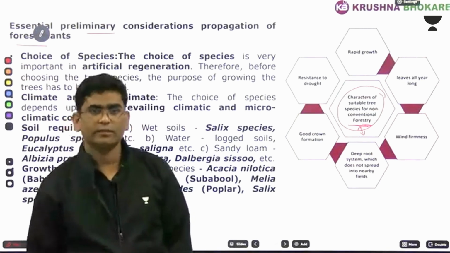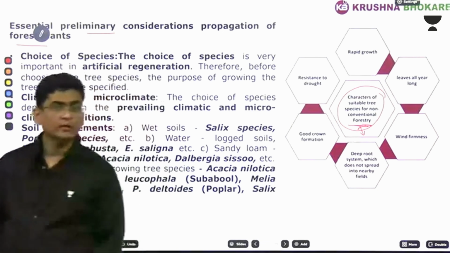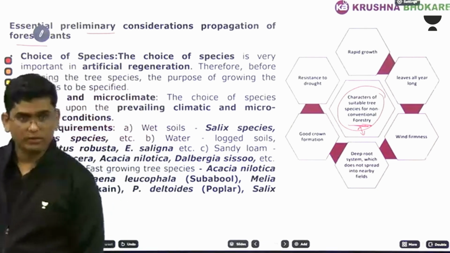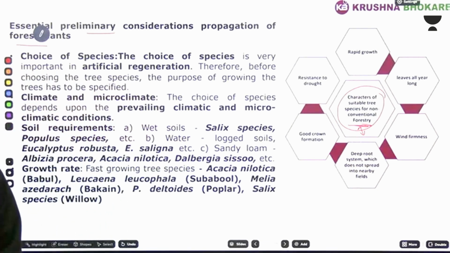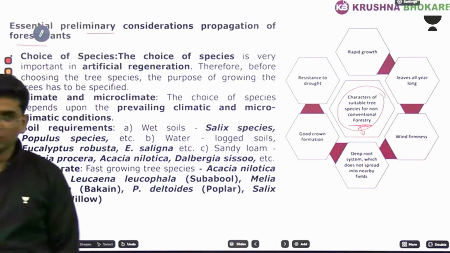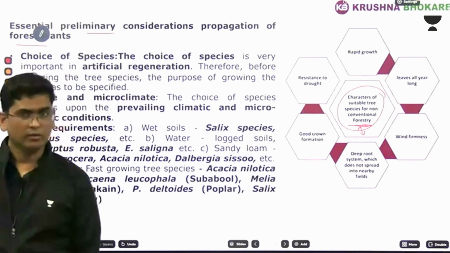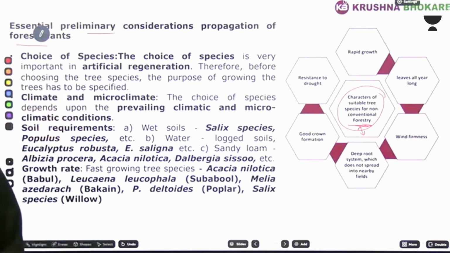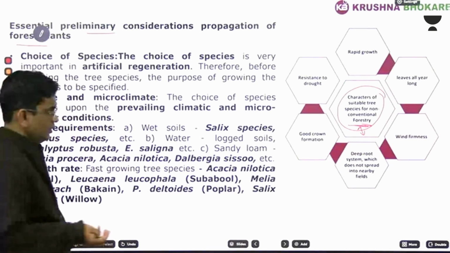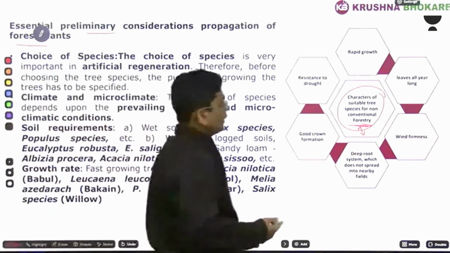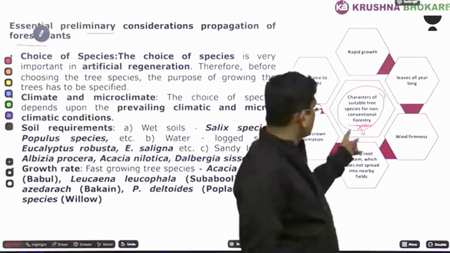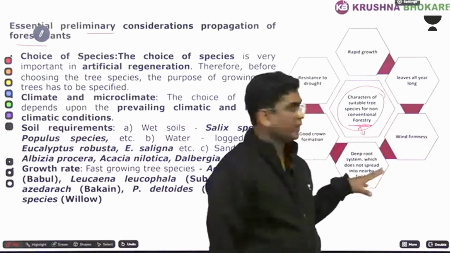Agroforestry, social forestry, plantation forestry, then Taungya system, shifting, plantation. All these are the types of non-conventional. What is conventional? Natural forests are the conventional, like tropical, deciduous, mountain forest, mangrove forest, temperate forest. ये पूरे.